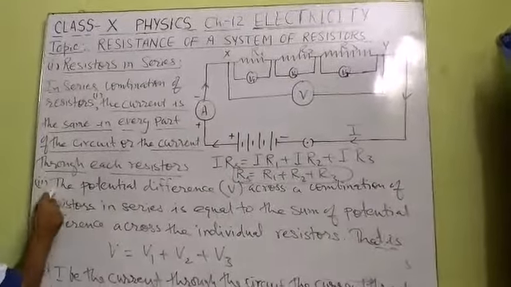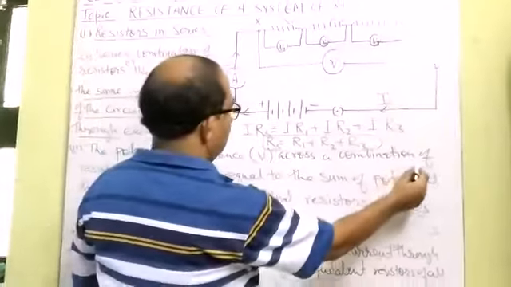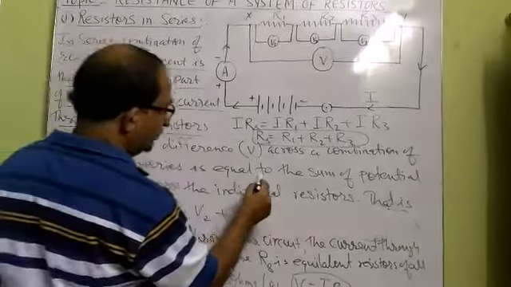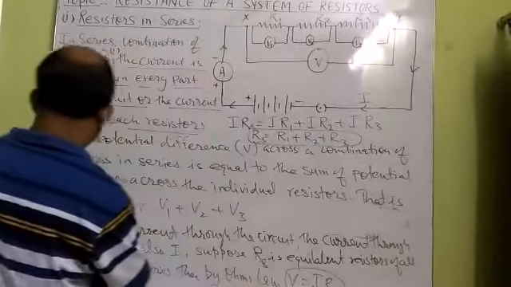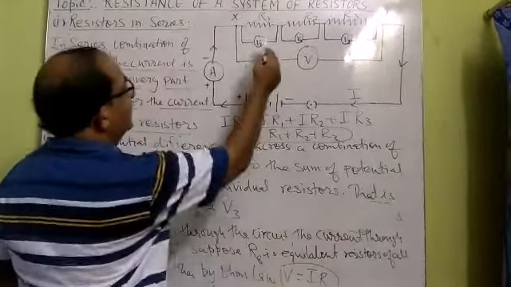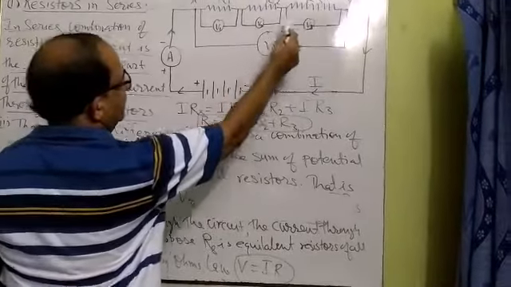The second characteristic: the potential difference V across the whole combination of resistors in series is equal to the sum of the potential differences across the individual resistors. For the individual resistors, we have measured the potential differences V1, V2 and V3.